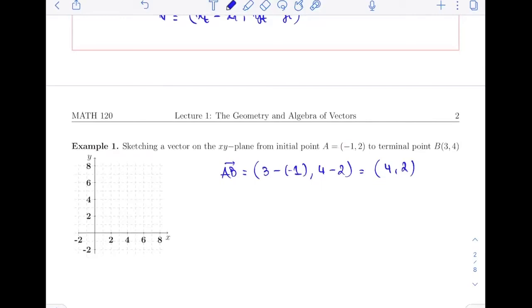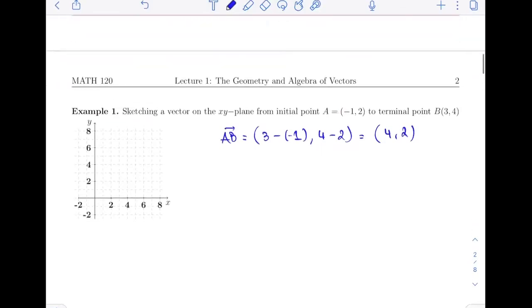There are a few things that you need to know in terms of the notations and how you can plot or sketch this vector on the coordinate system. In practice, you can either use parentheses like this to indicate a vector, or you can also use brackets, which is equivalent to using parentheses.